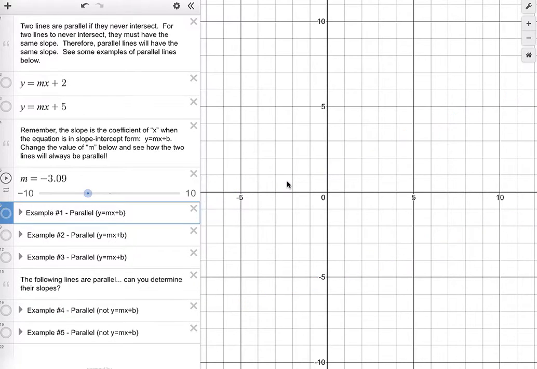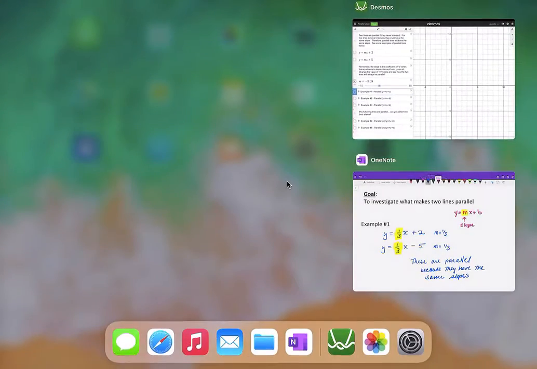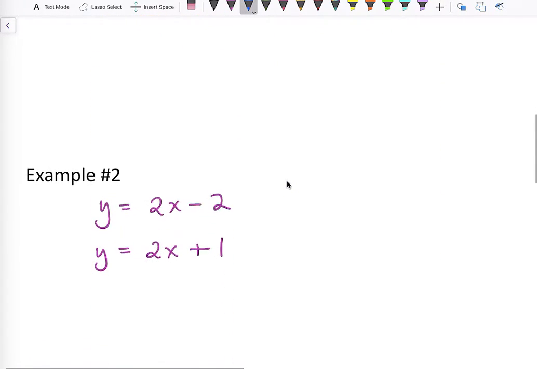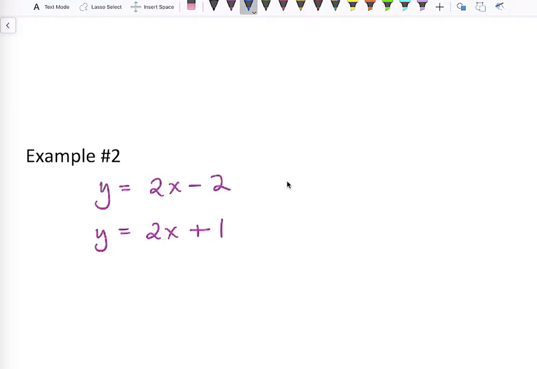So I'm going to turn example 1 off. Let's go ahead and look at another example. Okay, let's go a little bit faster maybe here for this next example. For example 2, we want to do the same thing. If you notice, both of these are still in y equals mx plus b form. That is called slope-intercept form. So we can quickly and easily look at the slopes and decide, are those slopes the same? And they are.